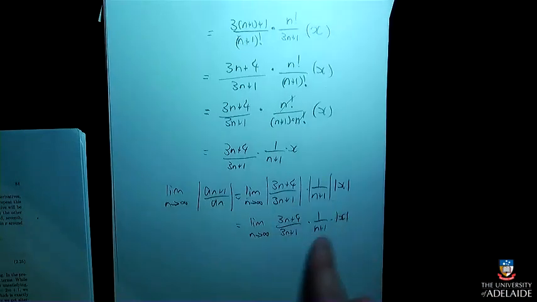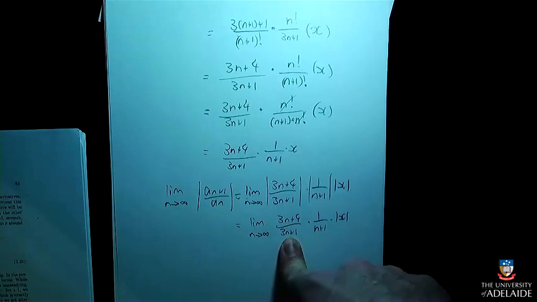And so now I need the limit of this. So I can use L'Hopital's rule on this bit. It's infinity over infinity. And so that bit would come out to 3 over 3, which is 1.